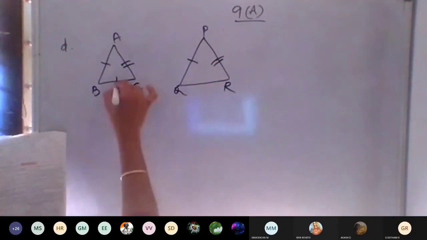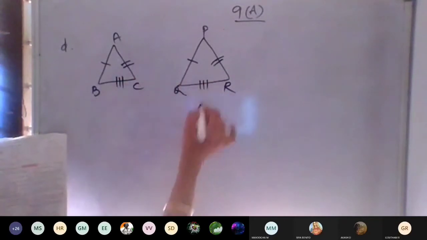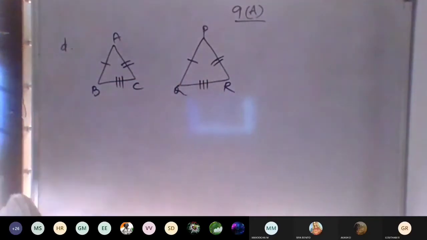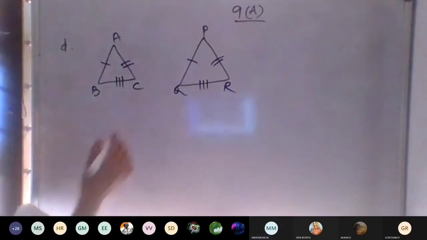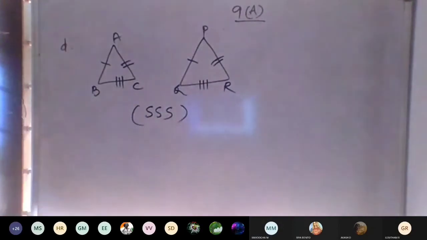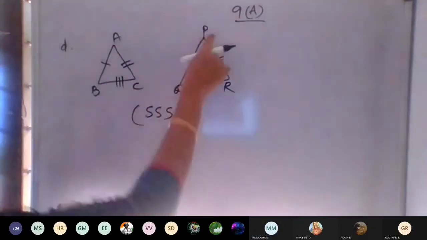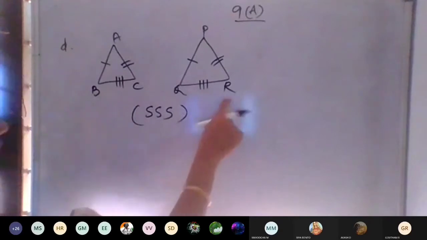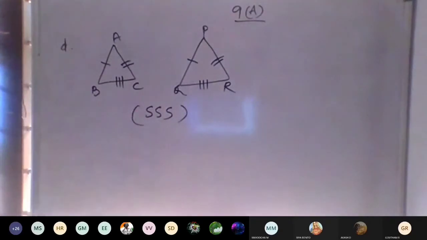BC is equal to QR, so draw three lines. So we can say these two triangles are congruent using SSS. So triangle ABC is congruent to triangle PQR, SSS.